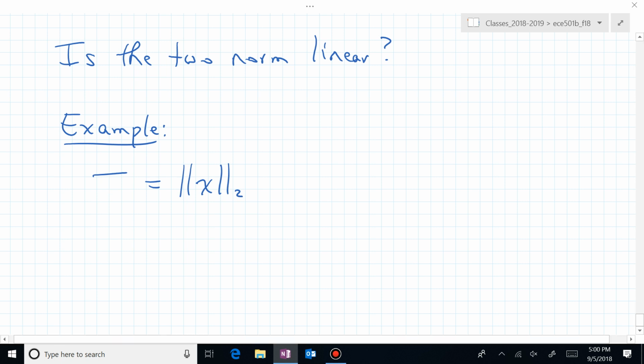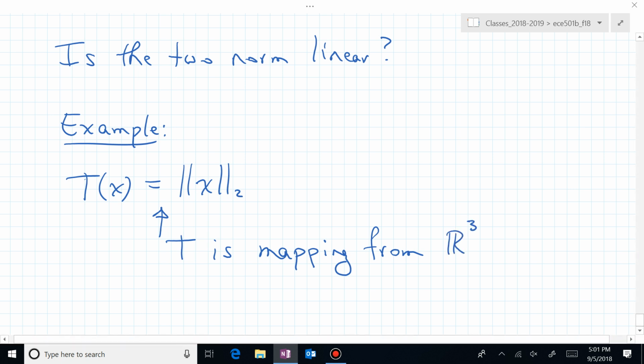So maybe it would be cleaner to say T of x. And this T is mapping from, well, I didn't say, did I? Or did I give you an example? Let's say that it's mapping from R3, so now little n is 3, to the reals.